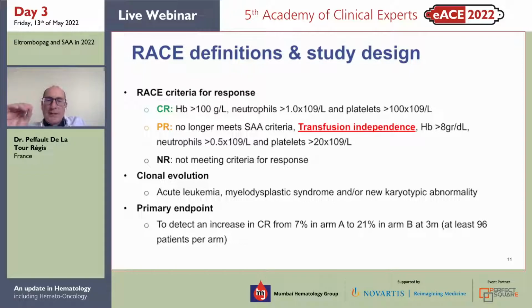One karyotypic abnormality, isolated, not reproduced, was not considered as a karyotypic abnormality. And as I told you, the primary endpoint was a complete response at 3 months. And basically, we decided that we could consider the study positive if you triple the primary response from 7% to 21%.